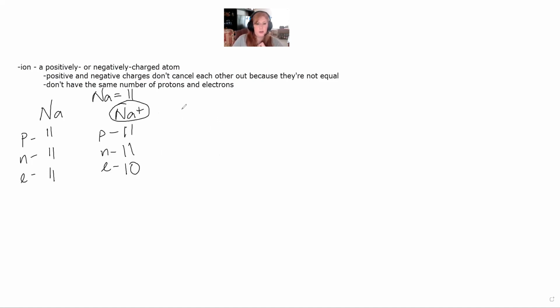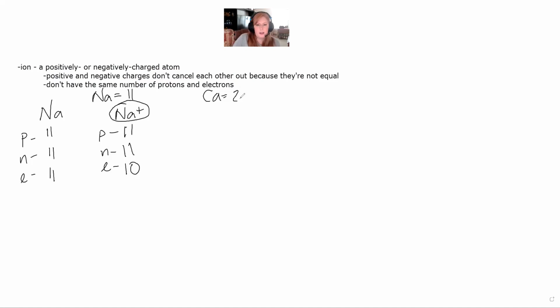It's another one we could do. Let's do calcium. Our calcium has an atomic number of, I don't have this one memorized, so I'm going to have to look this one up real quick. Calcium is 20.